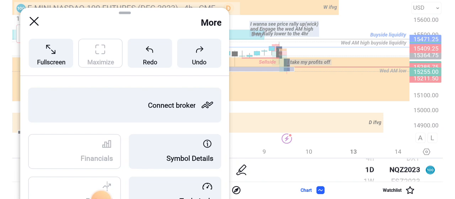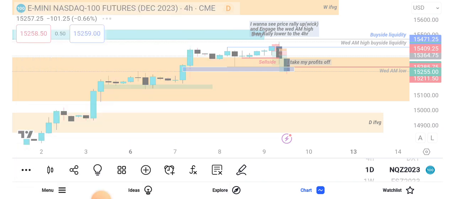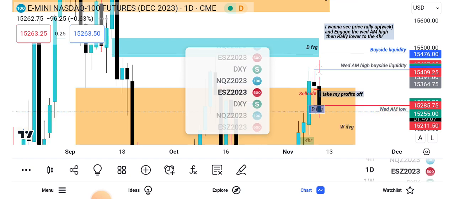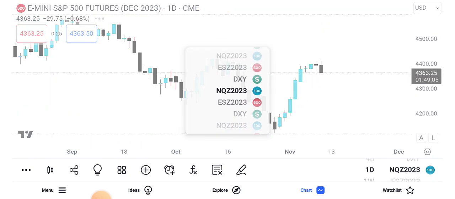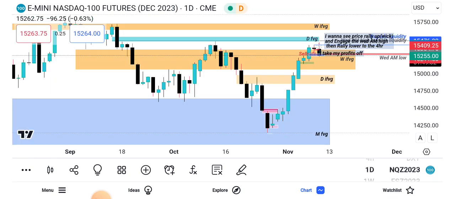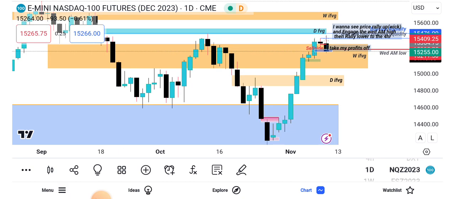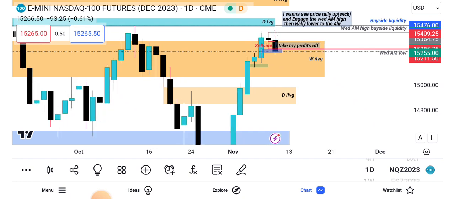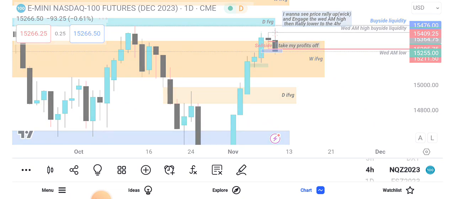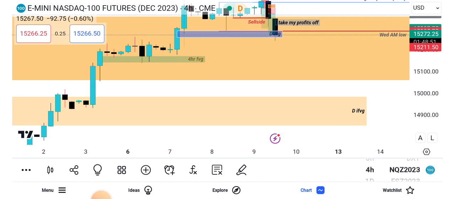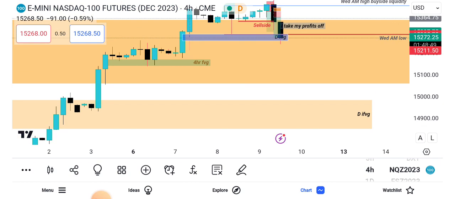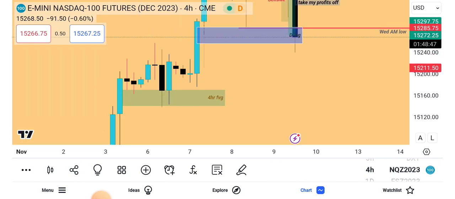Hopefully, let's see. There we are at the daily. We had already talked about this. Back to the 4 hour time frame, we can draw that because this daily fair value gap has been engaged.